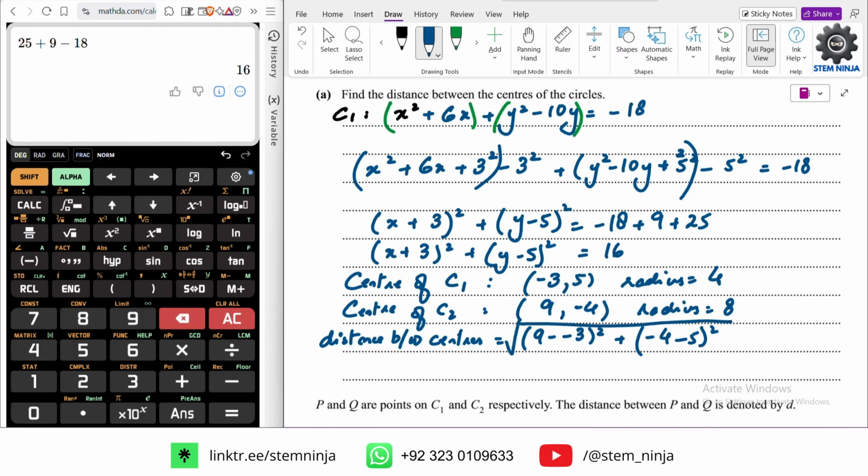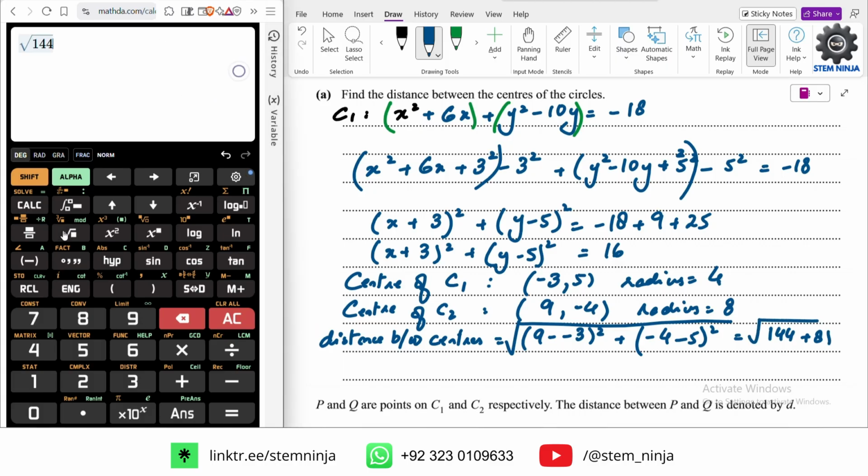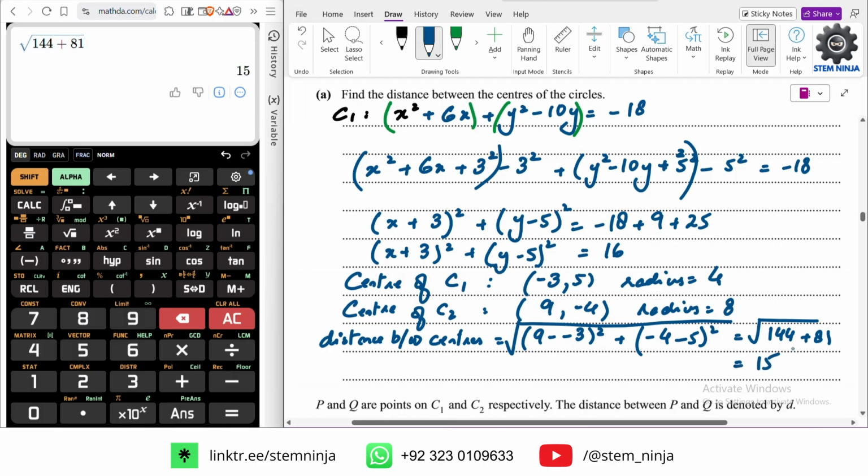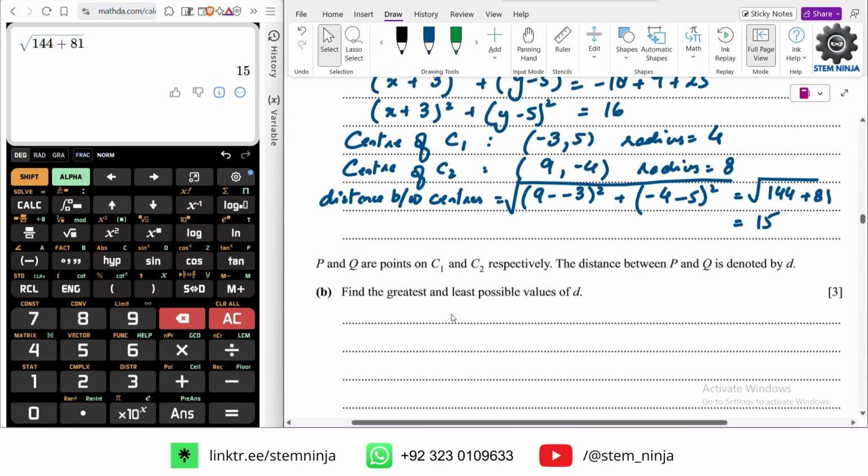So we get 9 plus 3, 12 squared is 144, and minus 4 minus 5 is minus 9 whole squared, which is 81. 144 plus 81 is 225, root is 15. That's it.